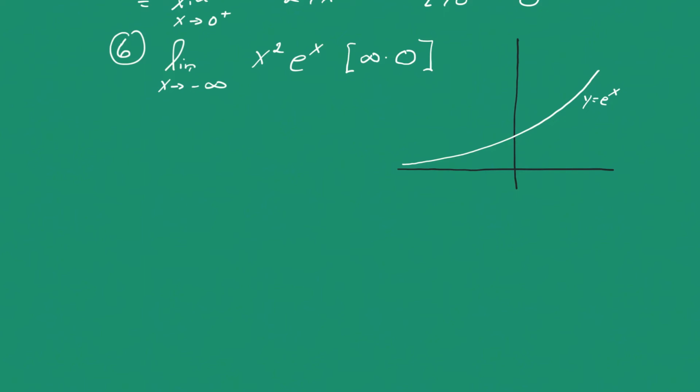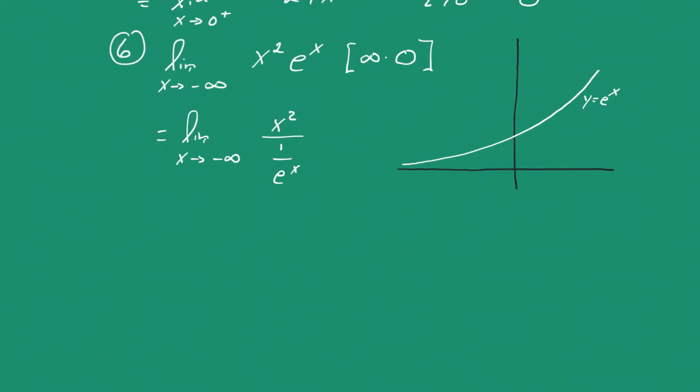Well, whichever one we think is going to make for a better differentiation. In this case, I'm going to try to put e to the x in the denominator as its reciprocal. So we're going to have this is equal to the limit as x tends to minus infinity of x squared over 1 over e to the x.